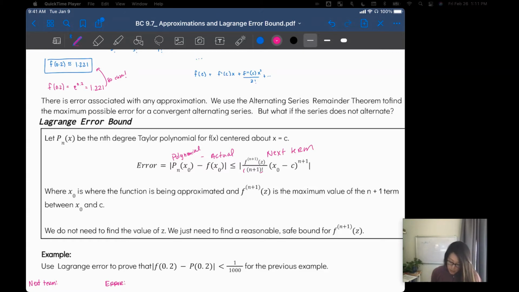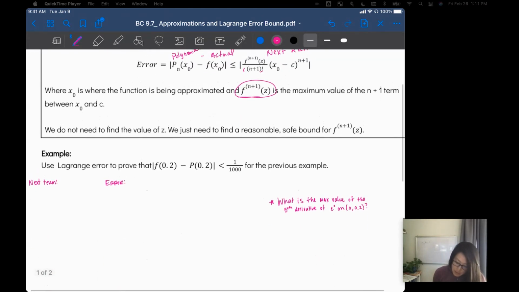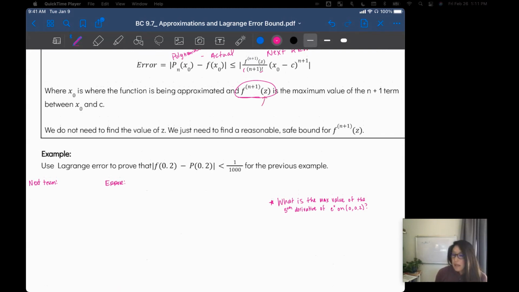So this value, f of n plus 1 of z, I'm going to explain that to you in an example. Okay, so the next thing we need to do is know that this value of z, we don't really care where we're evaluating the z value. We just are estimating the highest value of the derivative that we think it's going to be. Okay, so here's the deal.